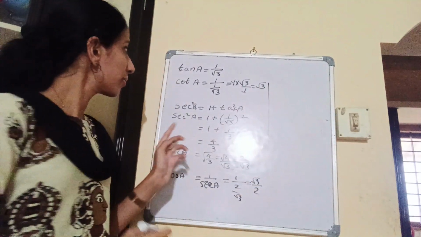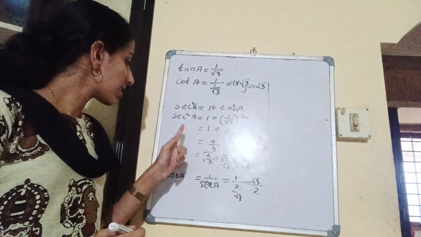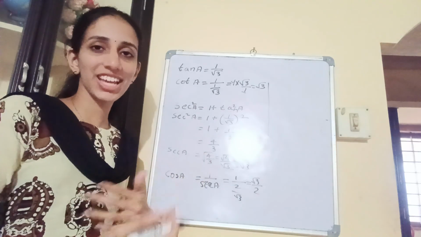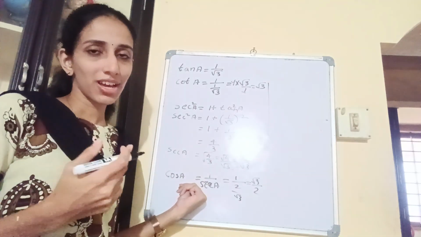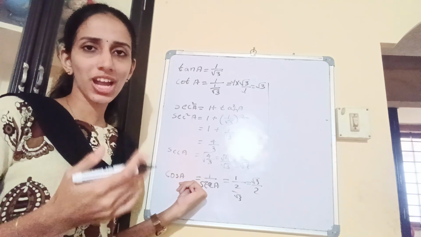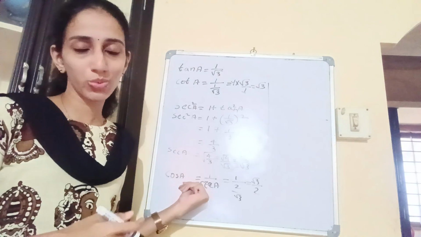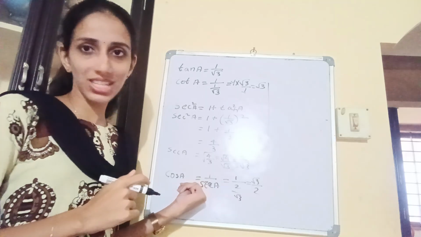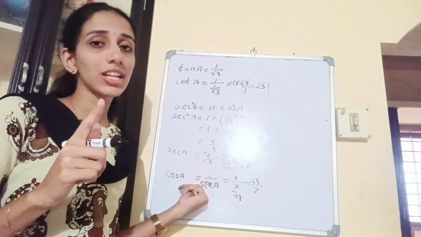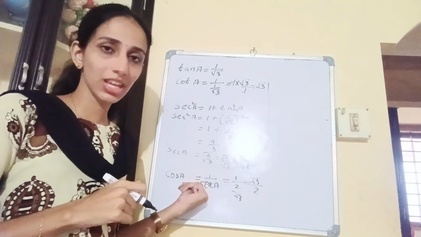So now we have tan, cot, sec, cos. Then what will be the next? We already have cos. Do you remember the trigonometric identity related to cos? Which was that? Sine square A plus cos square A is equal to 1. So using that identity, we can find the value of sine A also.